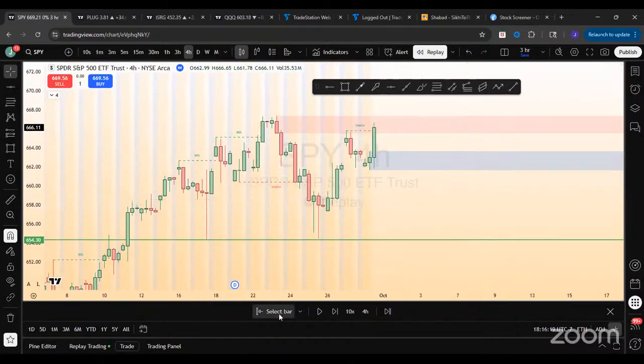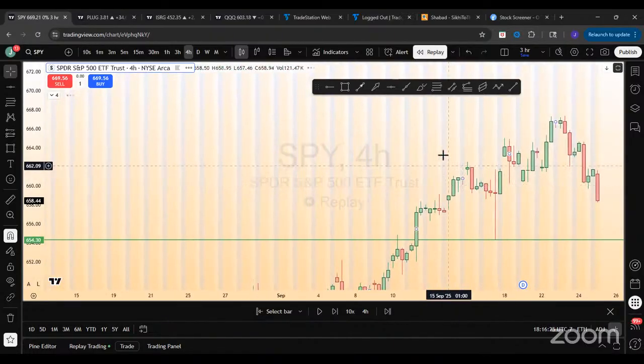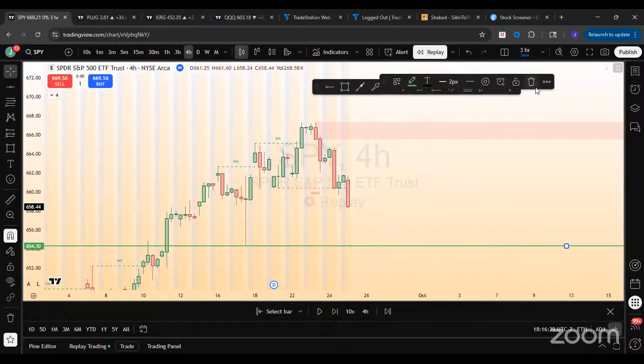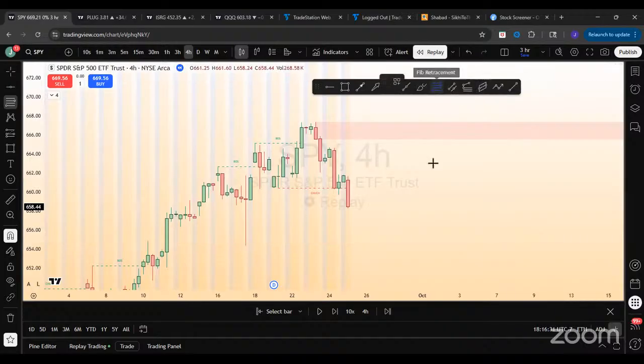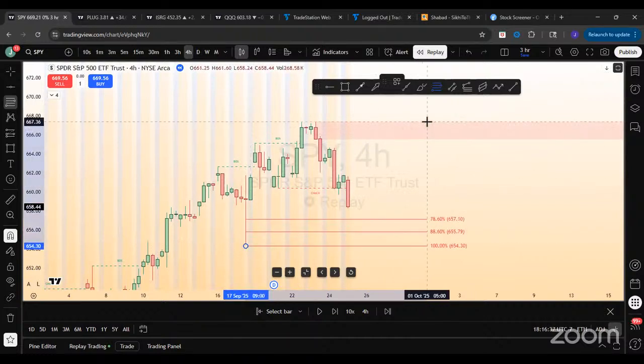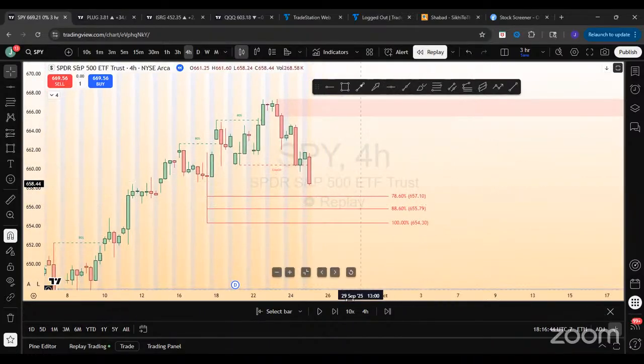And we'll cover Fibonacci also in the next session, but the way I normally draw my Fibonacci is I just go from the swing low to swing high, and I look at where the 78.6 and 88.6 are.